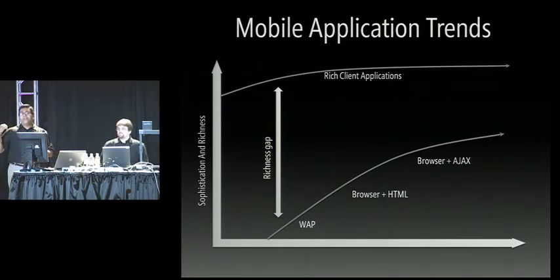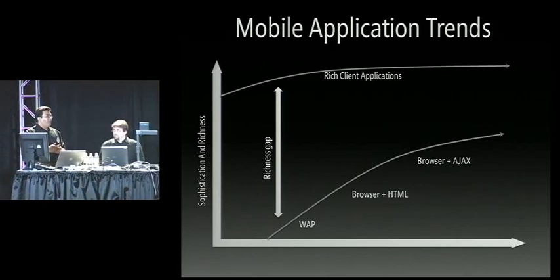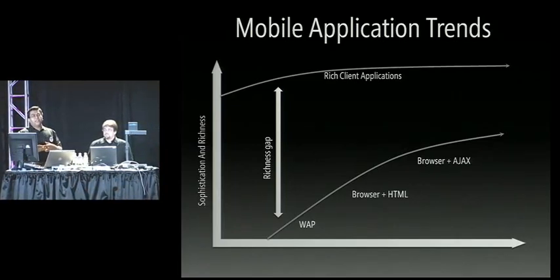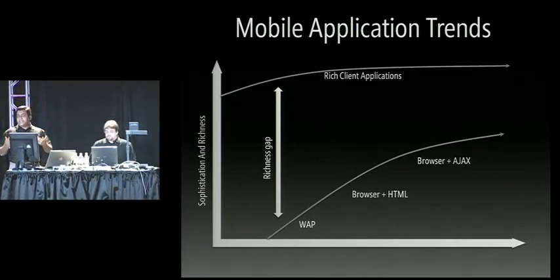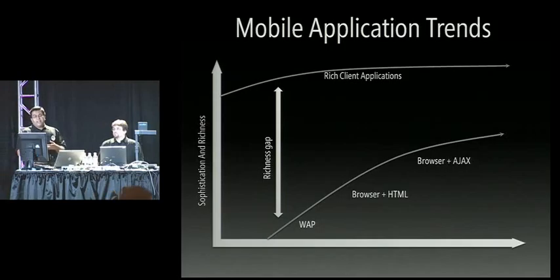On the other side, if you want reach, you'd start at the WAP layer, the basic level of getting things out on a browser. Then you can make use of HTML, make it look nicer, go browser plus Ajax, make it look even a little better and jazzier. All of these are trying to reduce the richness gap as much as they can.